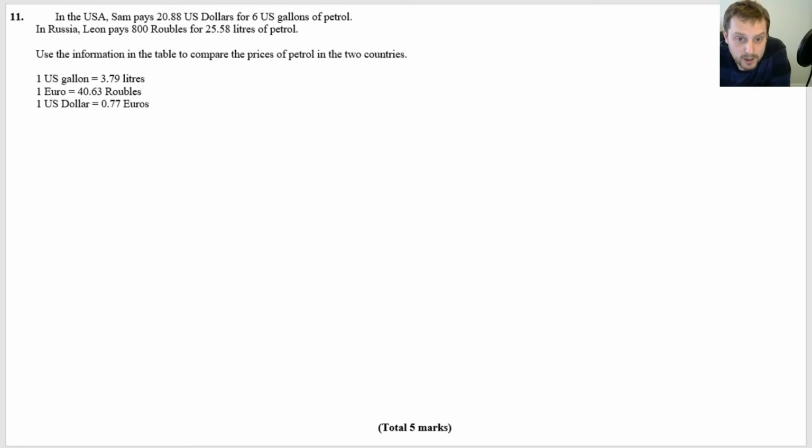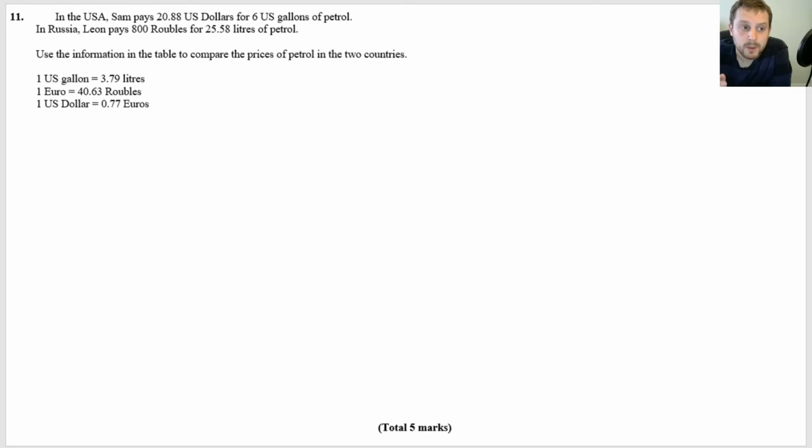Now, if you actually look at the little table before answering this question, you'll notice there is no direct conversion between dollars and rubles. There is an indirect conversion that kind of takes you via euros, because it has euros and rubles and dollars and euros. So it's quite complicated.